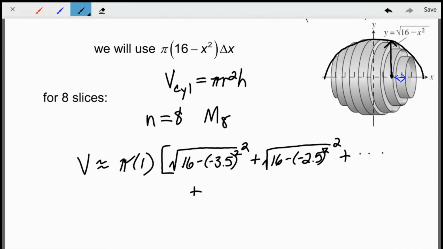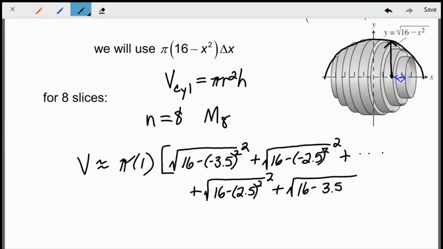When we get over further to the right between 2 and 3, the midpoint would be at 2.5, so we'd have 16 minus 2.5 squared, and then we'd have to square that because it's a radius. And for the last one, between 3 and 4, we'd have 16 minus 3.5 squared, and then we would have to square that because it's a radius. And that would be my volume approximation.